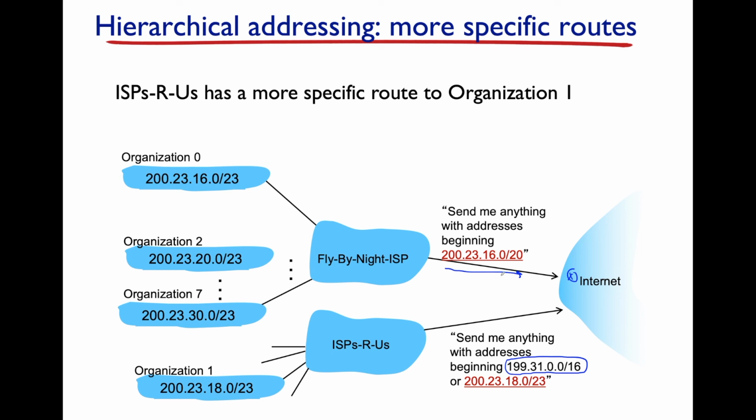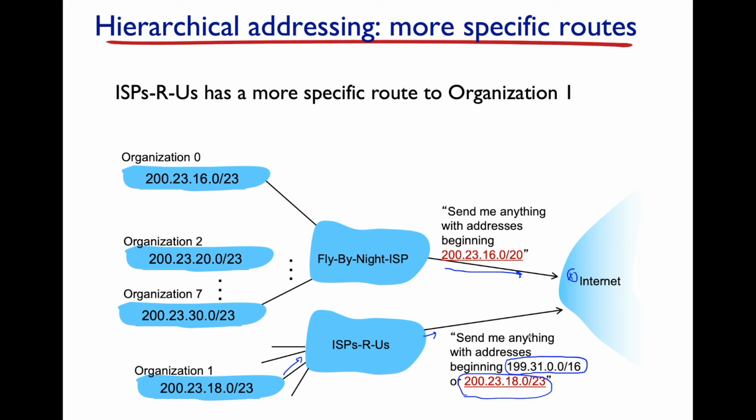It has not changed in terms of the advertisement it makes. But what has changed is that now that Organization 1 has joined ISPs are us, it takes this advertisement for a block of addresses and aggregates that into its advertisement to announce that, okay, not only do I manage this block of addresses, I also manage that block of addresses.